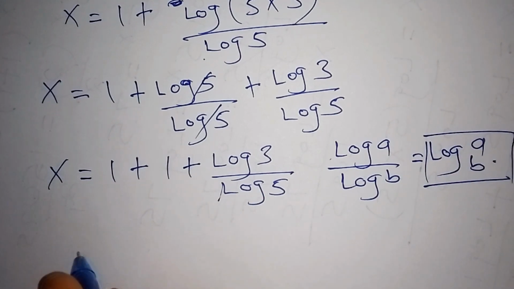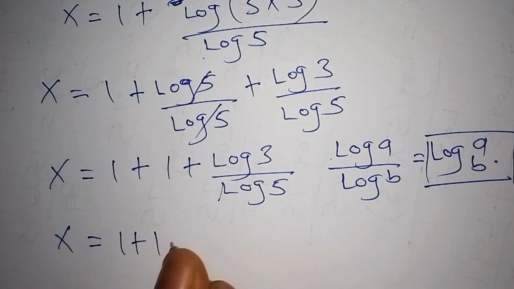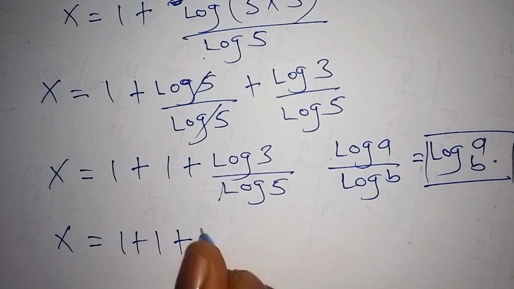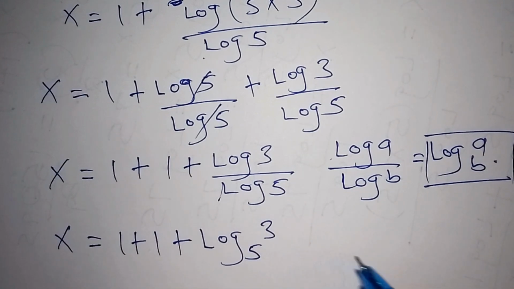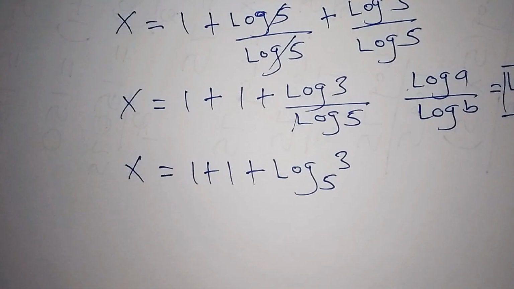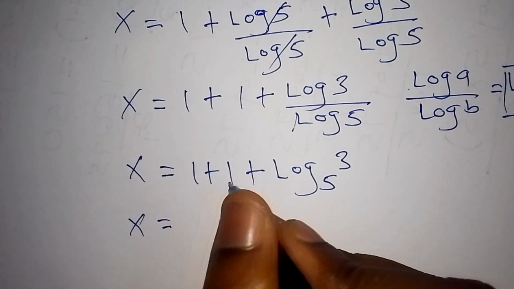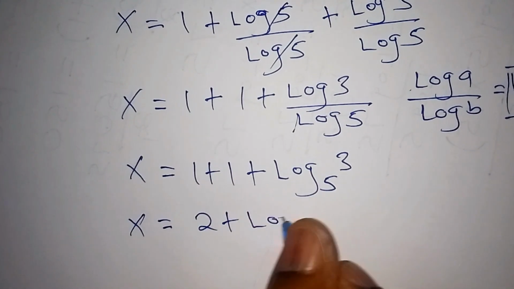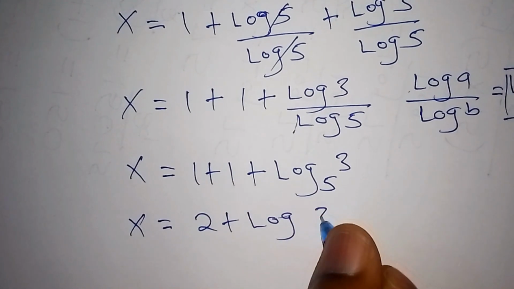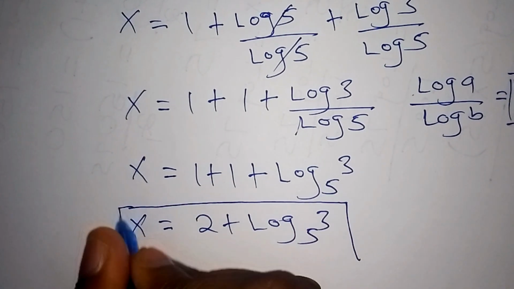So x is equal to 1 plus 1 plus the log of 3 to the base of 5. We can simplify this and say x is equal to 1 plus 1 is 2, so we have 2 plus the log of 3 to base 5. This now shall be our value for x.